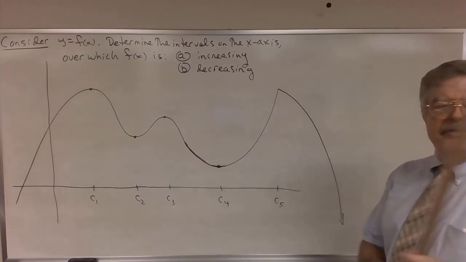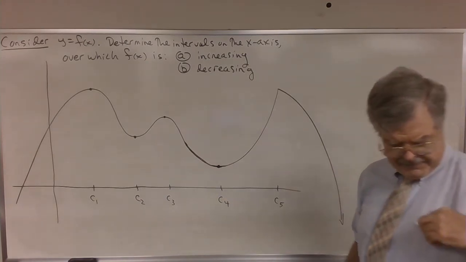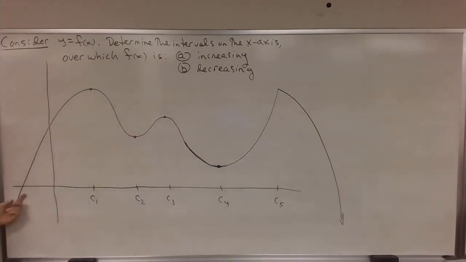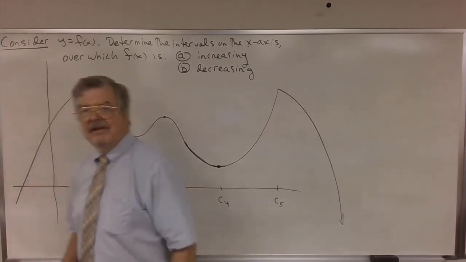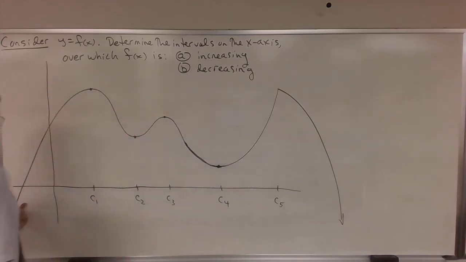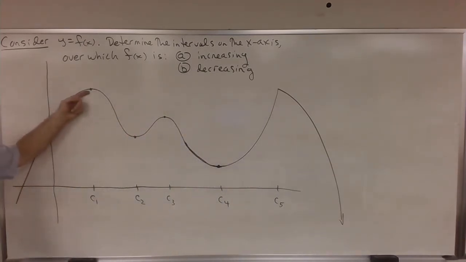So I'm looking at this thing, and I'm thinking, well, let's see. Apparently from negative infinity on the x-axis all the way up to right about here, the function's increasing.